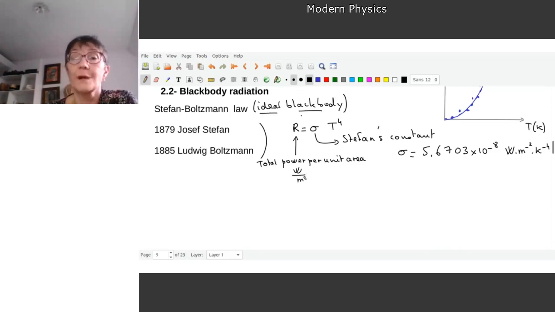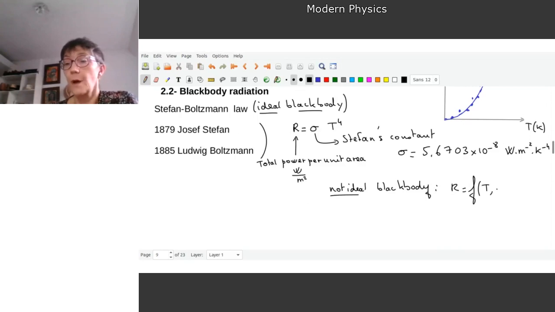If the emitting body is not an ideal black body, R is a function of temperature, of course, and also other parameters. So this is for an ideal black body. And so if you have something that is not black, you have some mitigating factor.